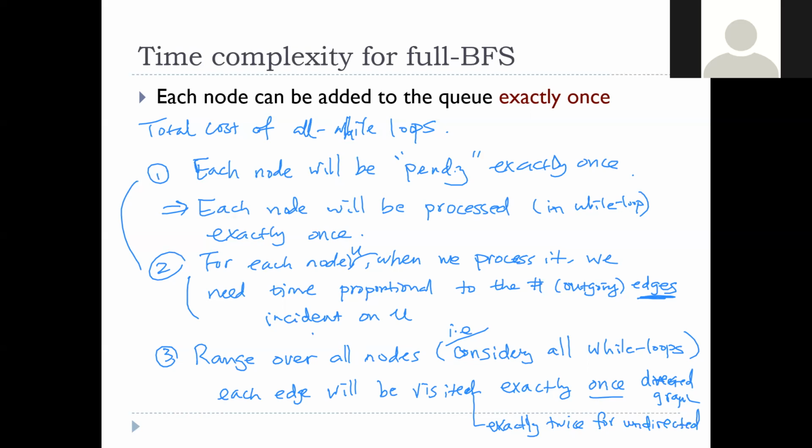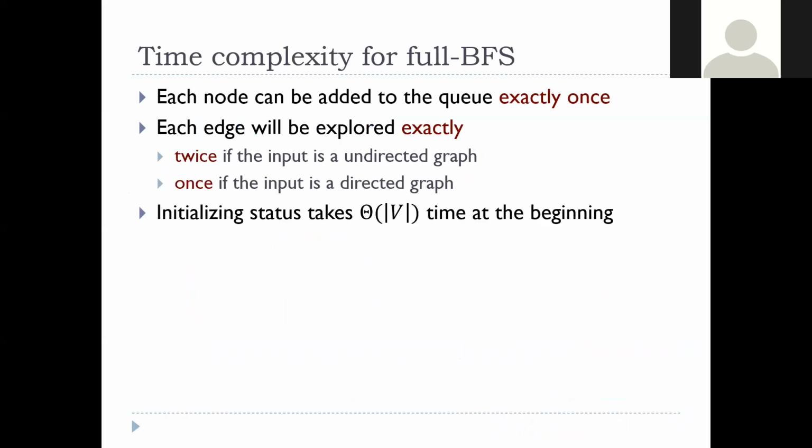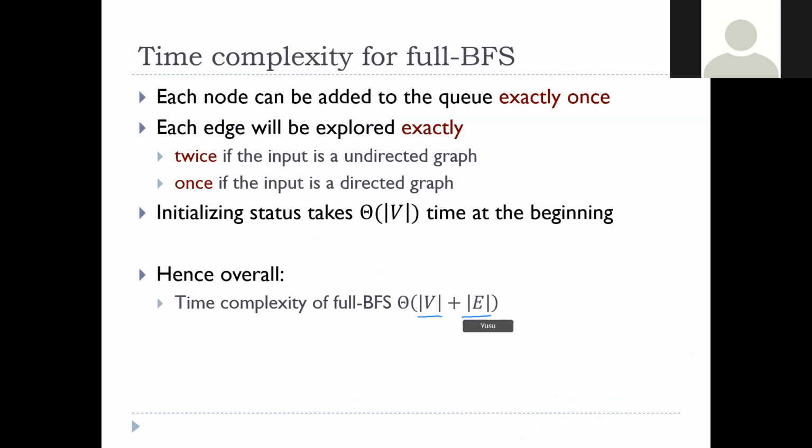Okay, so now putting all of this together, what do we have? I'm going to remove this. At the beginning, the initialization to set up the status takes V time. Putting all of this together, the time complexity for the entire BFS algorithm is V plus E. Why?